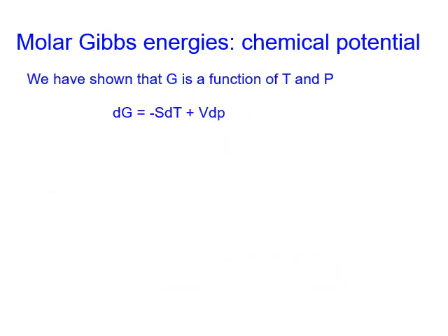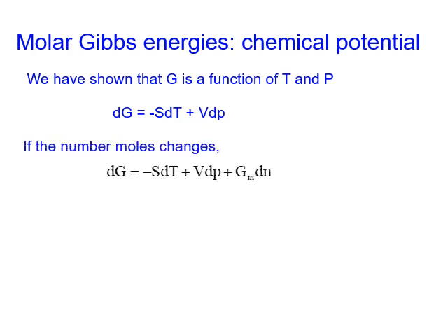So far, we derived the fundamental equation assuming the number of moles does not change. In fact, Gibbs energy is an extensive property, meaning that when you change the number of moles, Gibbs energy also changes. Therefore, we need to add one more term that tells you how Gibbs energy changes when the number of moles changes. GM is the molar Gibbs energy. So when you change the number of moles, Gibbs energy changes by the molar Gibbs energy times the number of moles change.